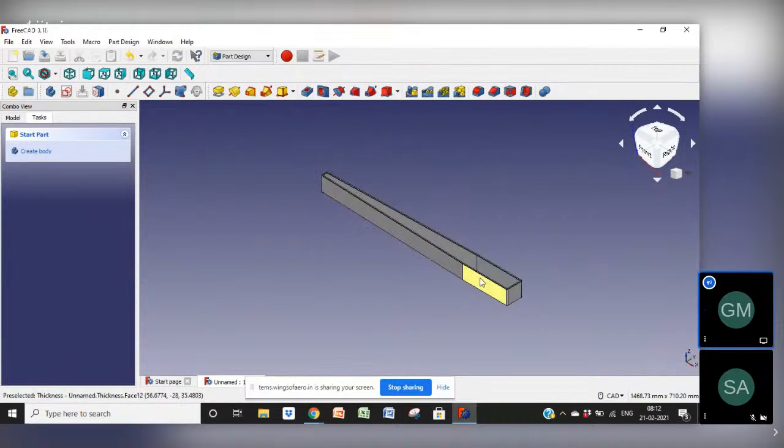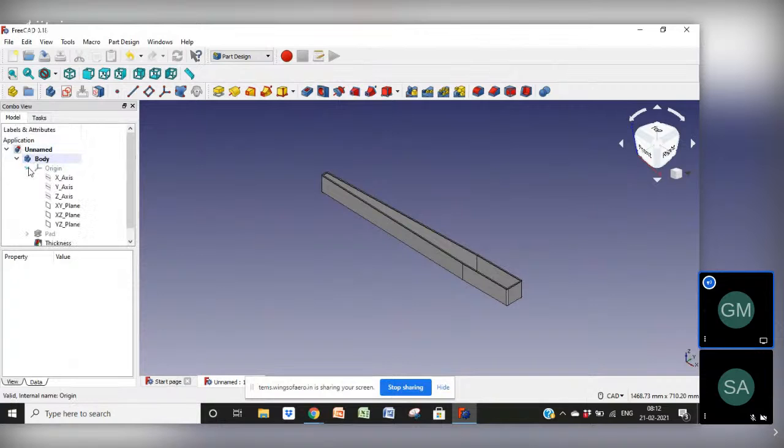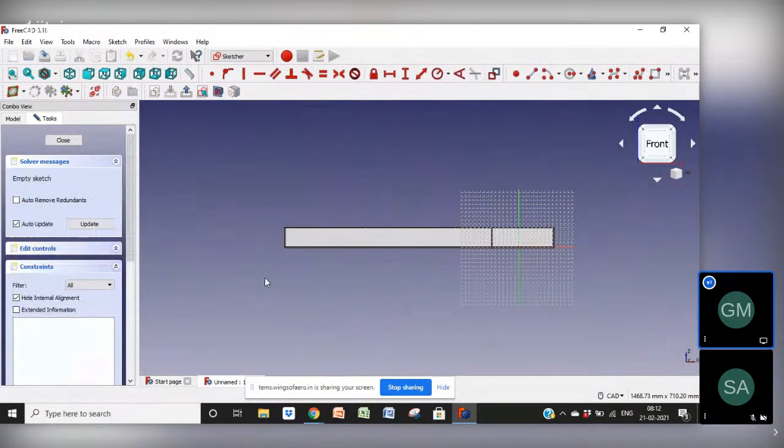Taking isometric, taking this ZX plane here and constructing over it. Now the view from the side portion, we are going to change something, that is some cuts would be there.